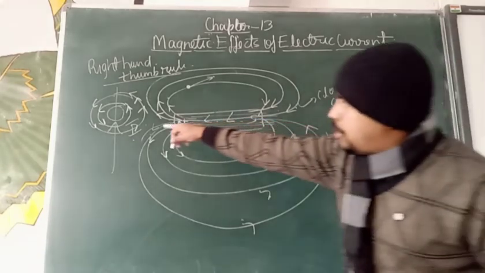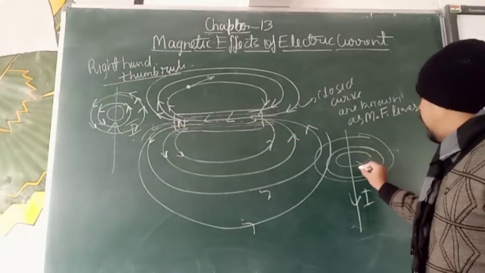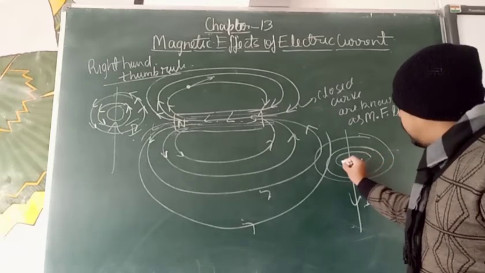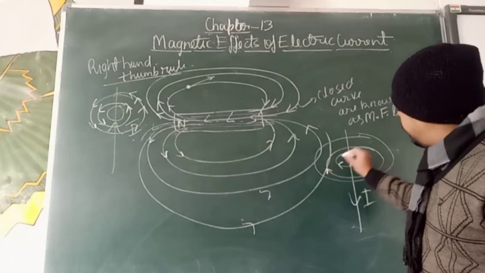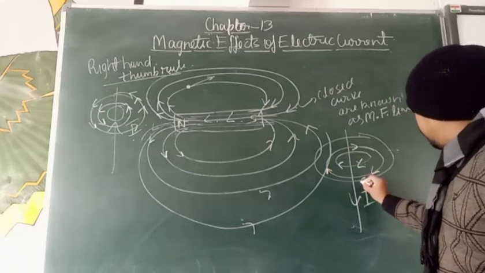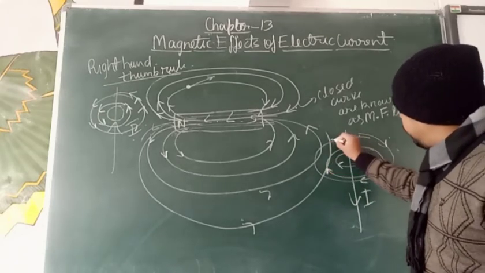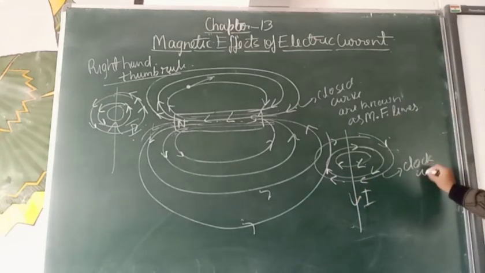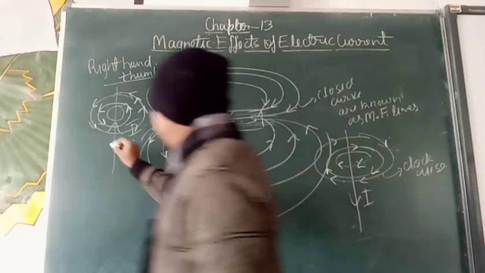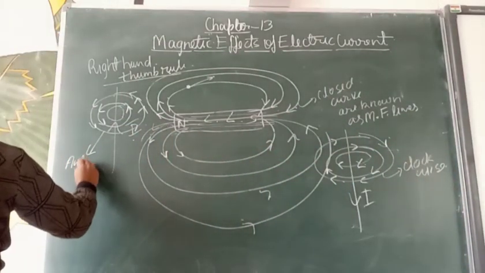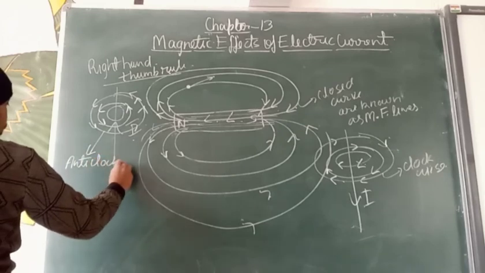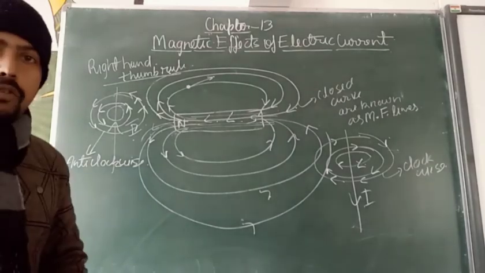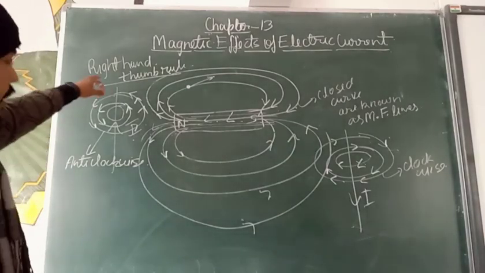It will be just opposite to that figure, going in the clockwise direction, and here it will be anti-clockwise. So this is how we can calculate the direction of magnetic field by using the right hand thumb rule.